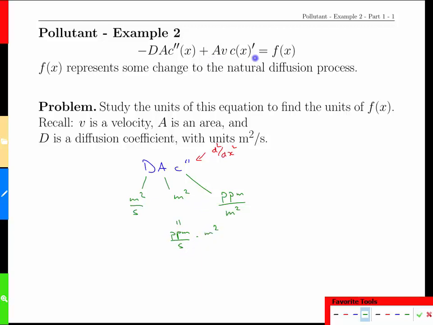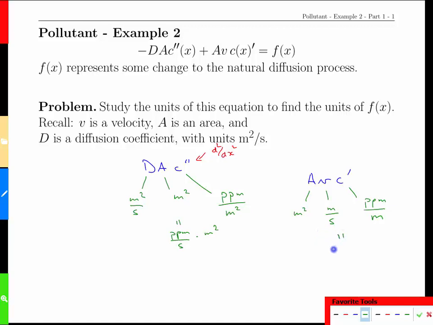Now, are we consistent? Hopefully we are. If we take the second term, a v c prime, we have meters squared. The velocity usually is in meters per day or hour, but let's keep it as units of time of seconds for consistency. And the concentration would be parts per million with one derivative with respect to x, which divides by 1 unit of distance.